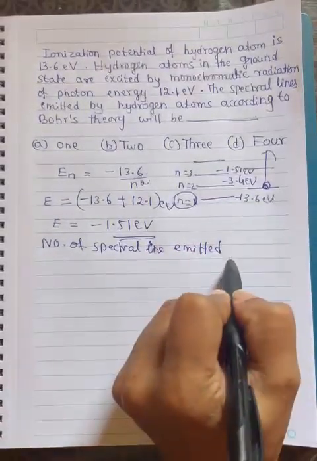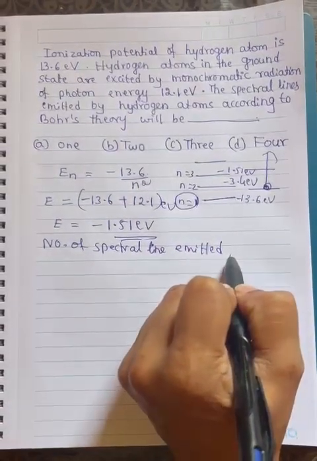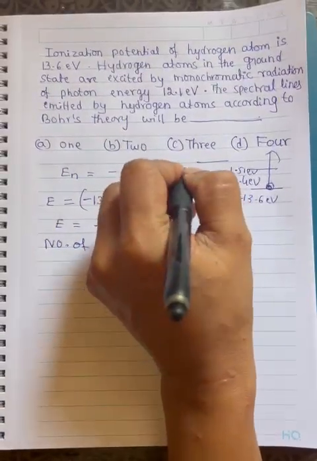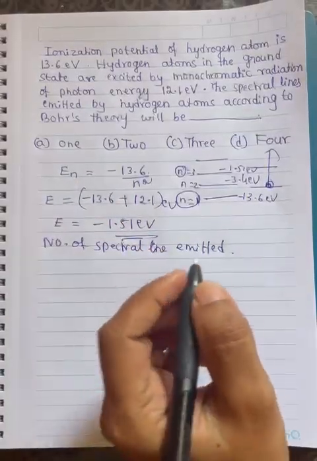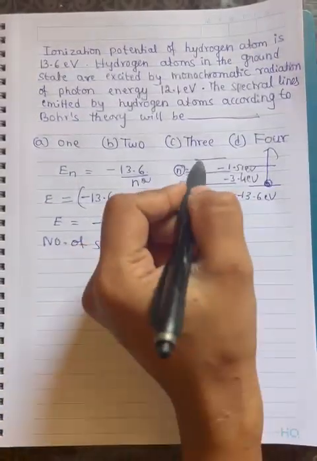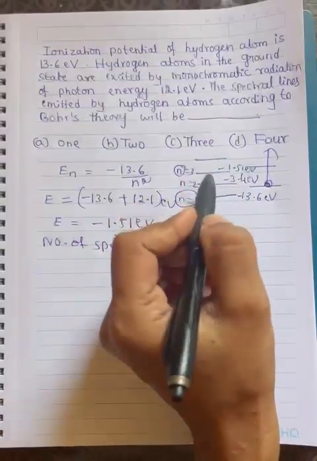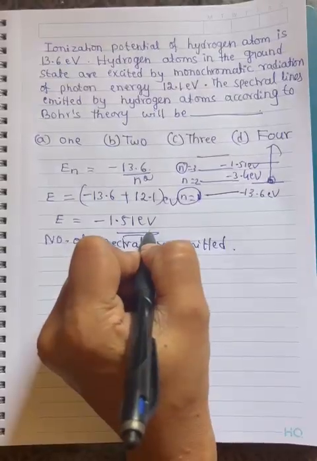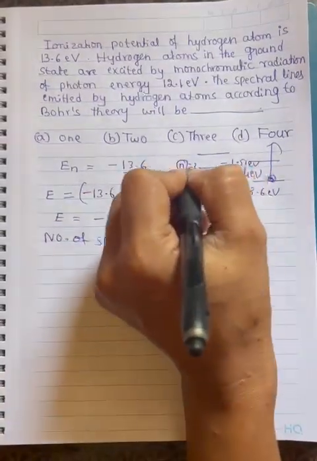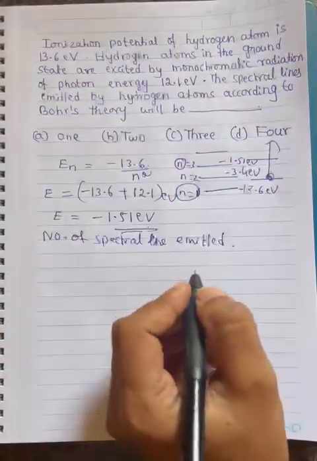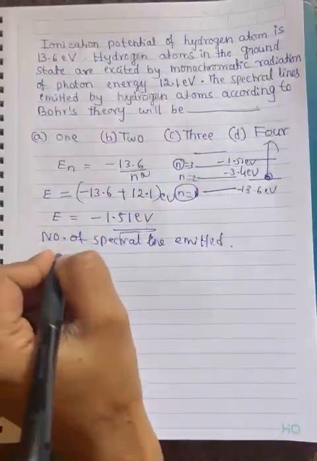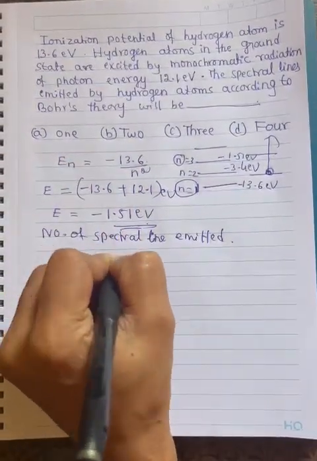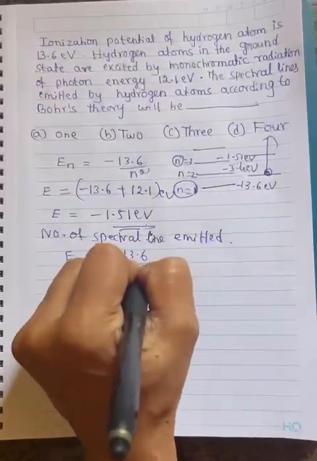To calculate the number of spectral lines emitted, we have to know the n value, which means in which state the electron is present. If you remember the energy level diagram and the energy values, you can directly say that minus 1.51 electron volt means it is in the n is equal to 3 state. Or you can calculate from the equation En is equal to minus 13.6 by n square.